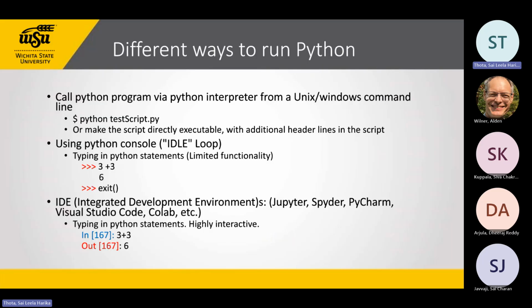And next. Okay, so basically one can write Python in different ways, right? Some write on Jupyter Notebook, some use PyCharm, some use Spyder. Python is very easy, it has an easy user interface.